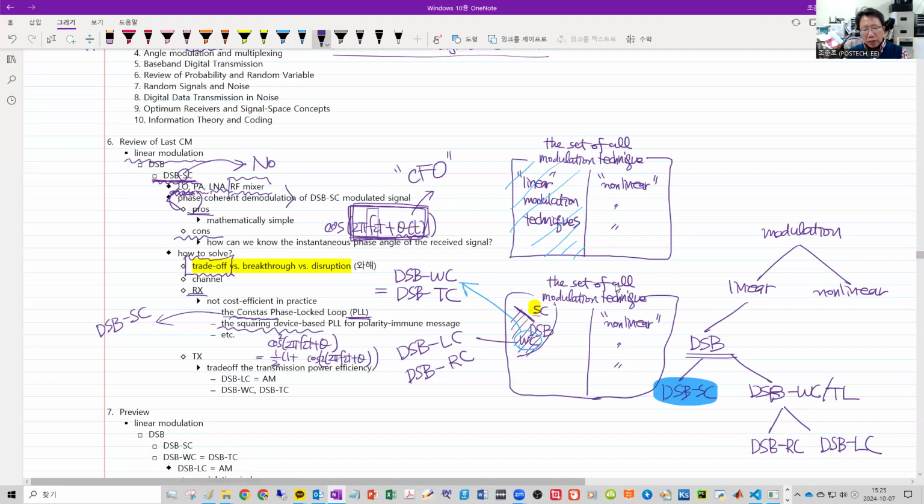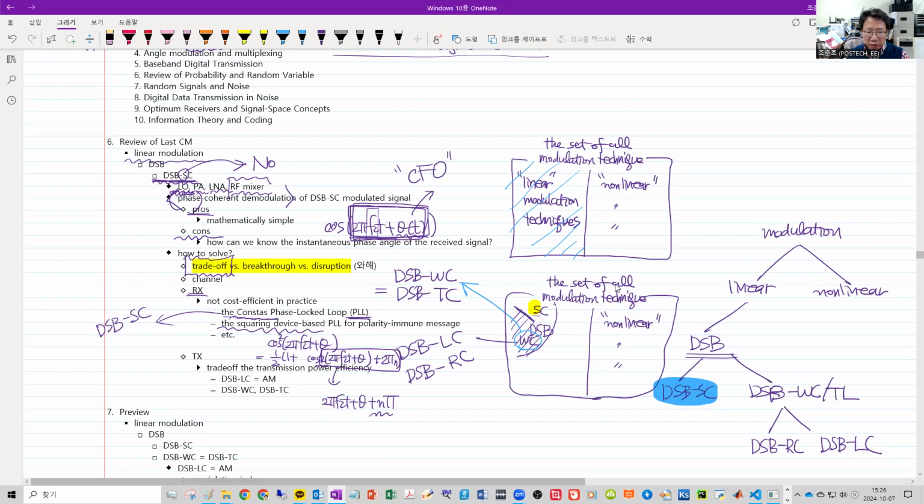Usually this type of thing makes phase ambiguity, because you can add 2 pi n here, and if you divide this entire thing, what happens? You have 2 pi fc t plus theta plus n pi with some integer n.